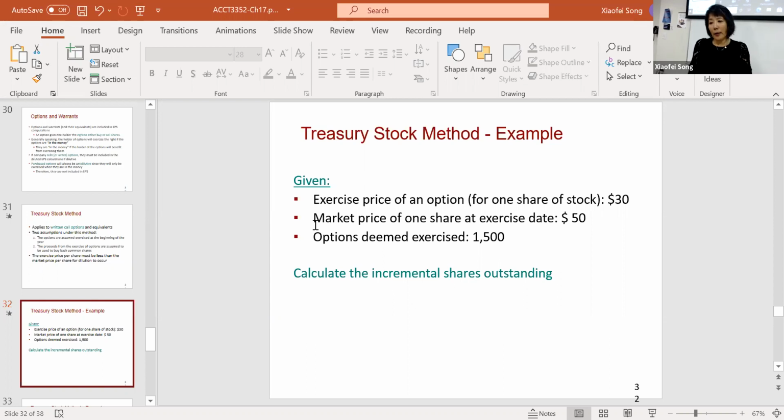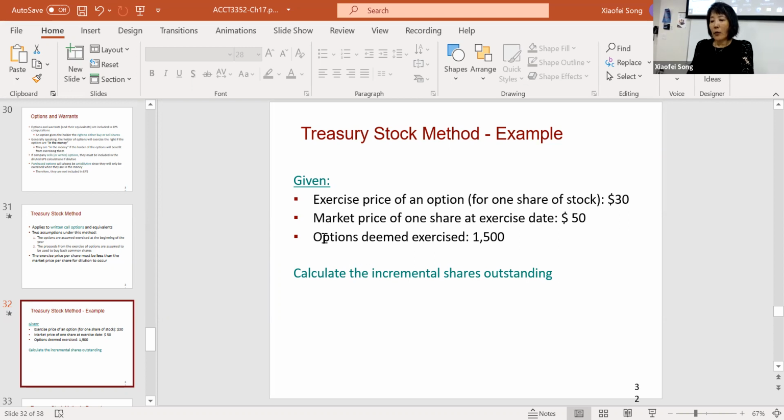So the market price of one share at exercise date is 50. Actually, it should not be the price of that day, because this is not an actual exercise; we assume it's exercised. So we should use the average price of that stock during the year. Let's just assume that's what it meant, $50.